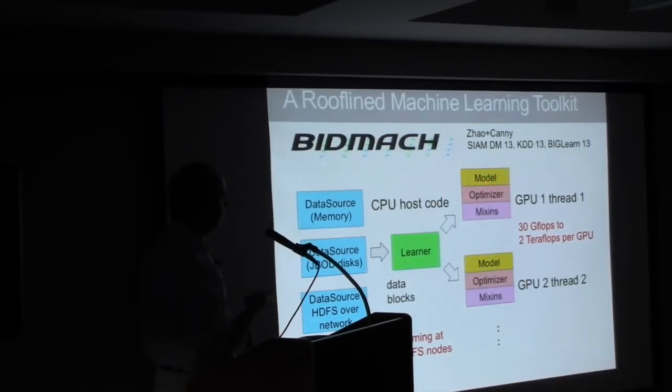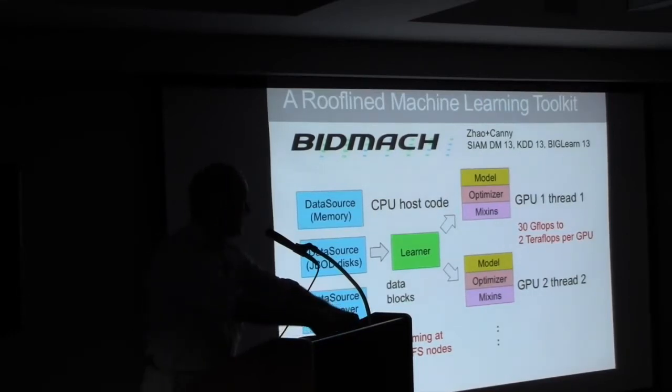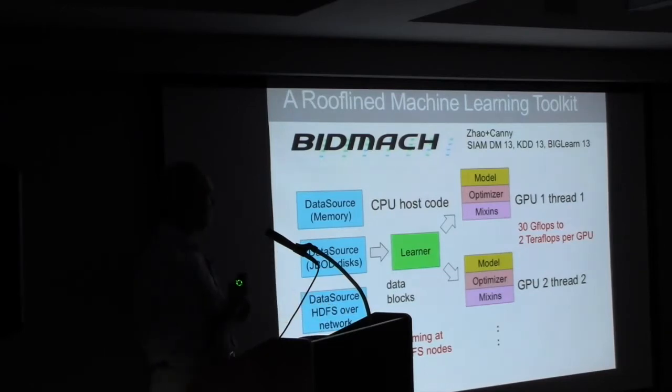And as I mentioned, there's a basic model class which is responsible for gradient or some other kind of incremental update. Then there's an optimizer, which could be a simple stochastic gradient, or often a normalized stochastic gradient like Adagrad. And then the slightly novel piece is this mix-in architecture where you can add any number of secondary performance criteria.